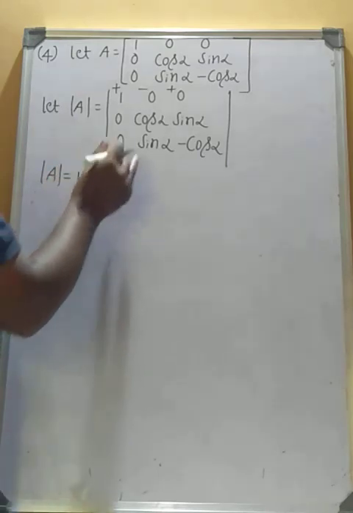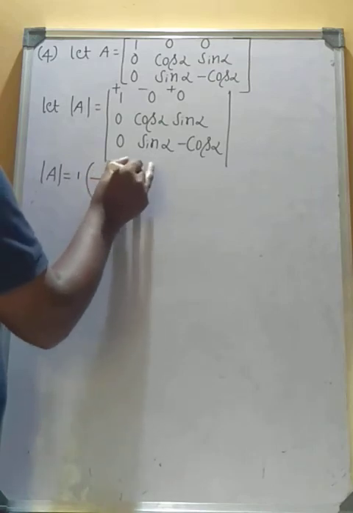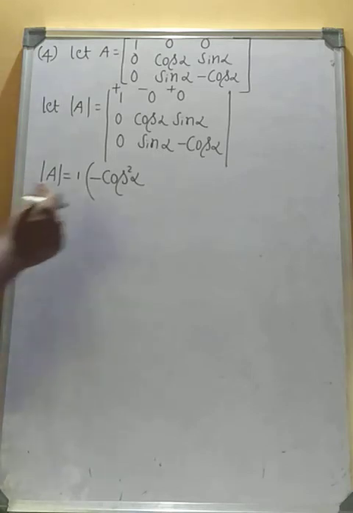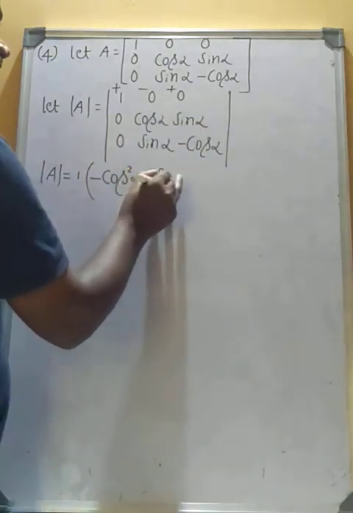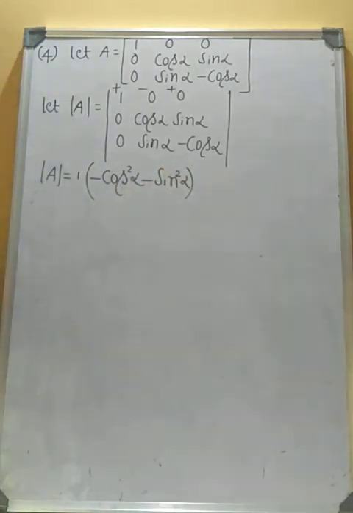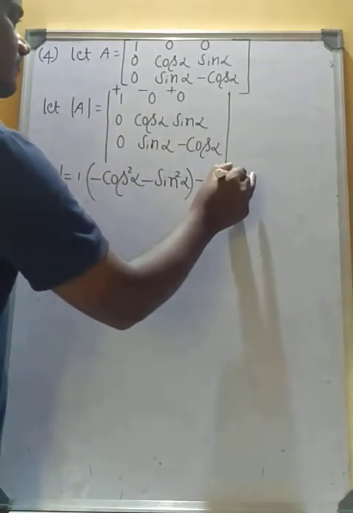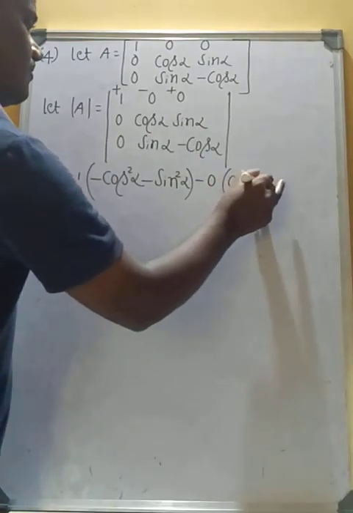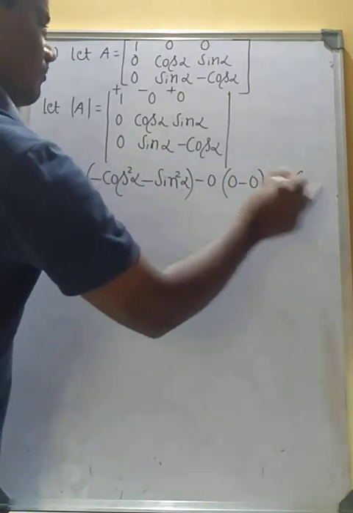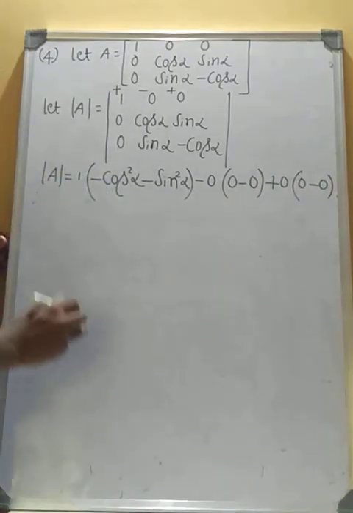So 1 into minus cos alpha into cos alpha becomes cos square alpha, minus sin alpha into sin alpha becomes sin square alpha, minus 0 into minus cos alpha 0, minus 0 into sin alpha 0. The next place, 0 into sin alpha 0 minus 0 into cos alpha 0.